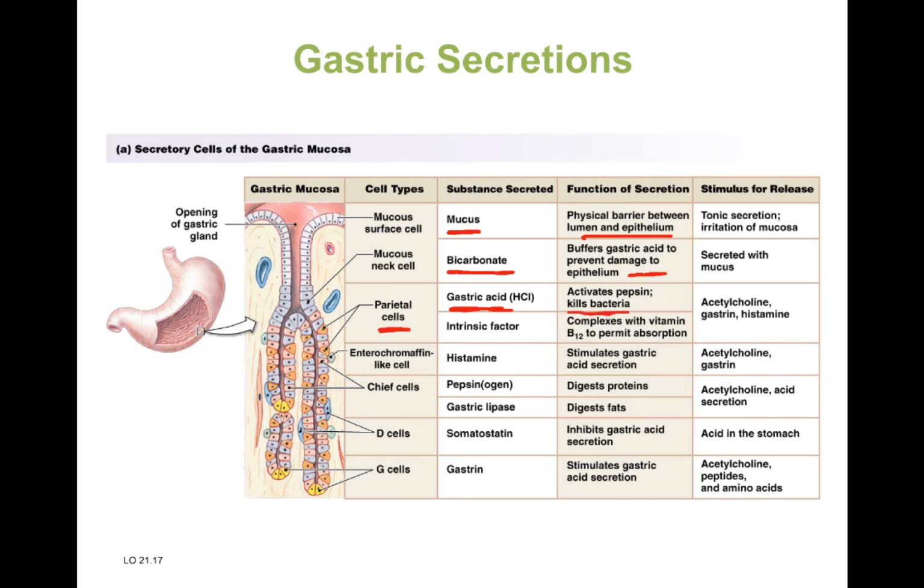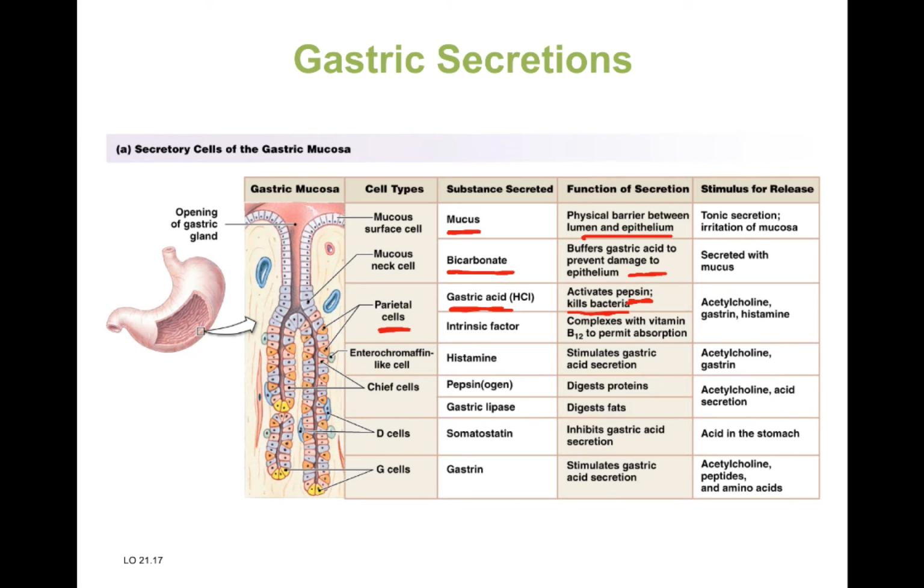As I've mentioned, it'll help kill pathogens, bacteria, potentially viruses. But this acid will also activate an enzyme called pepsinogen, and it'll convert pepsinogen into pepsin, and that helps break down proteins. Okay, and we'll re-encounter this here in the near future.